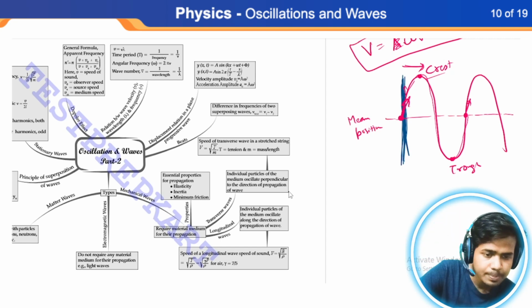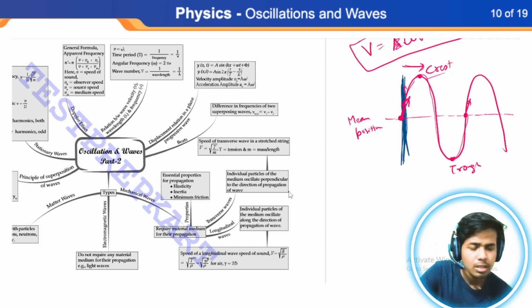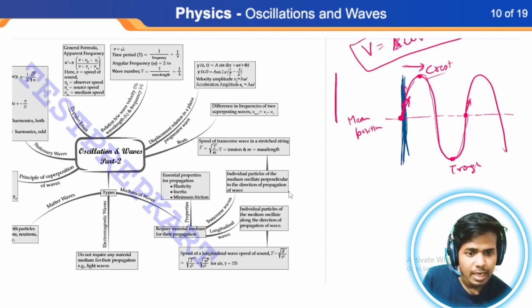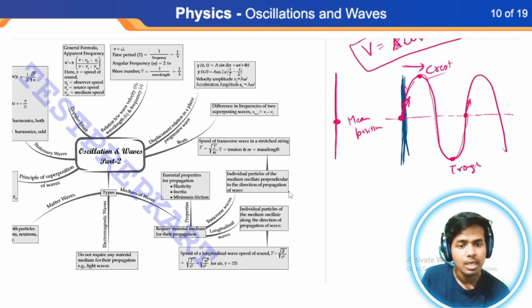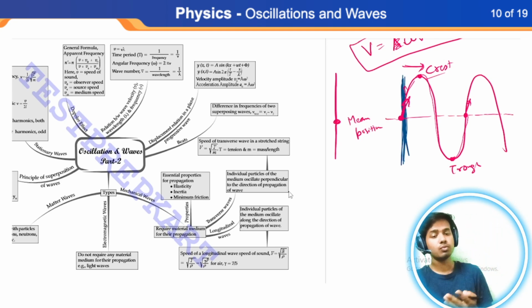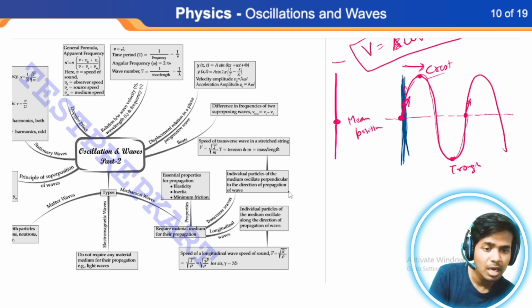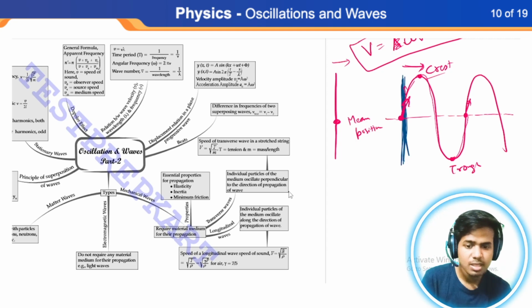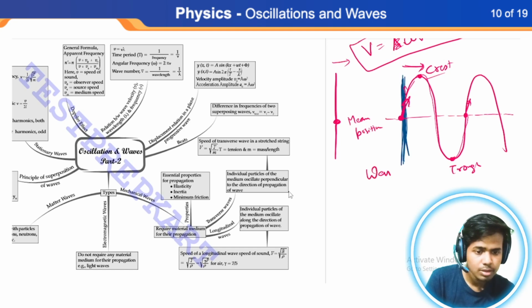So the cycle here is exactly the SHM, right? Because in SHM also, when we came back to the same mean position, the same motions would resume. It is exactly the same. It's just that a fixed velocity has been given to it. Nothing else has changed. So this is about waves.